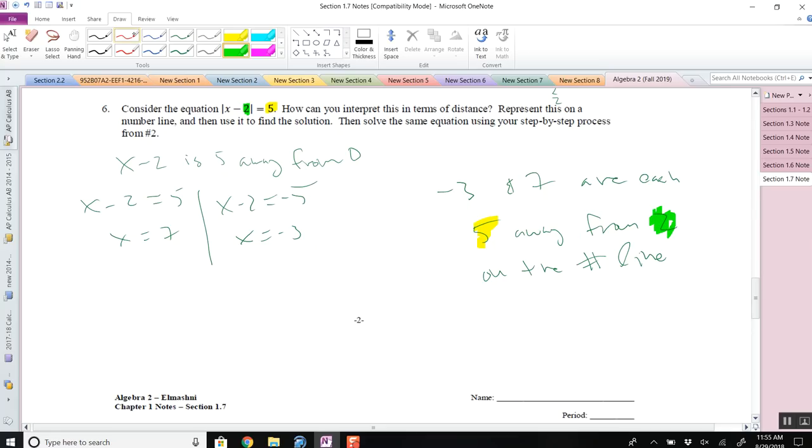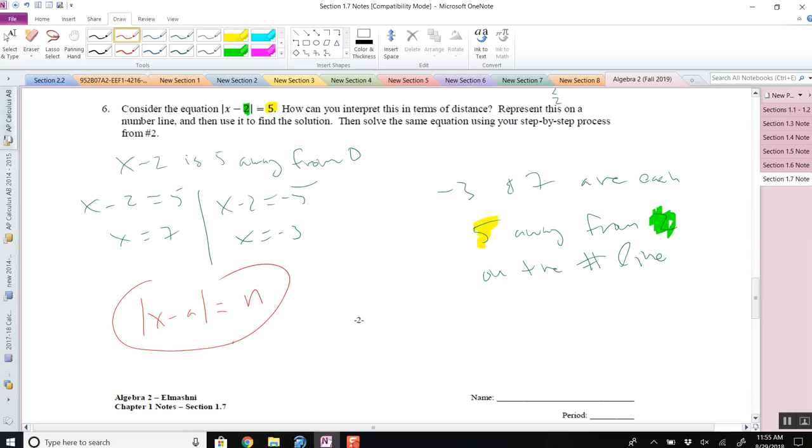So really what this tells us is that we have absolute value of x minus a equals, let's say, m or something like that. Just make it, or maybe I'll use the letter n.